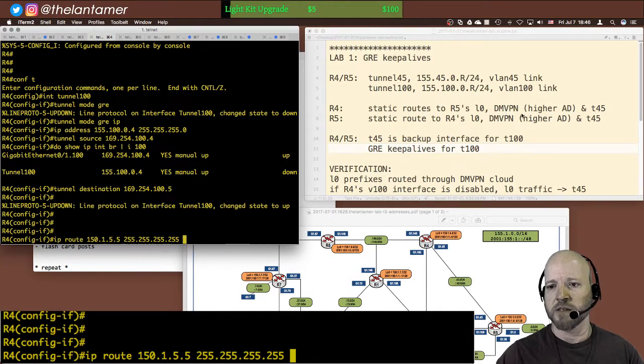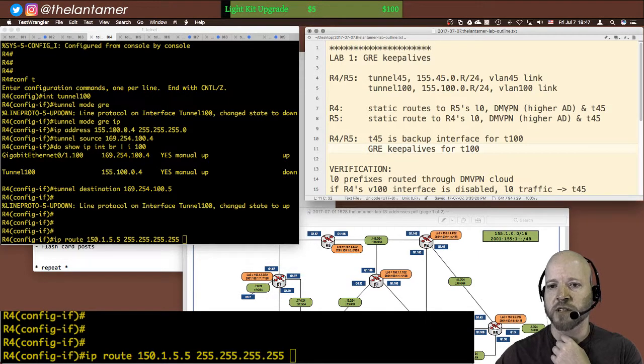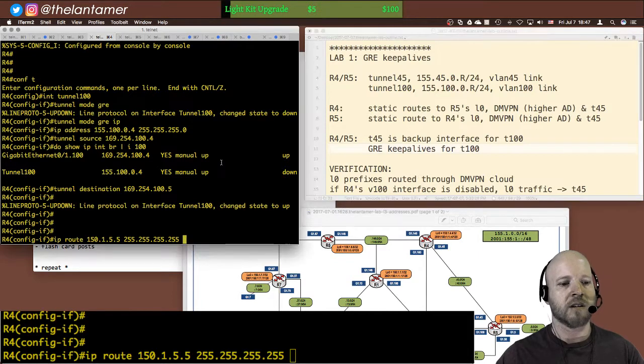One is via DMVPN link. That's going to have a higher administrative distance. And the other is going to be via tunnel 45. Okay, in other words, this is another way of saying tunnel 100. Yes, we're going to have 2 static routes, one using tunnel 100, the other using tunnel 45.